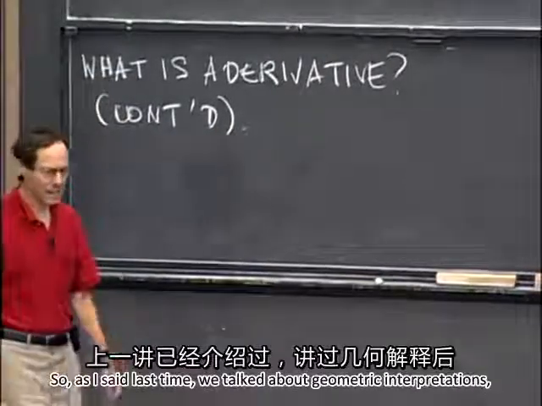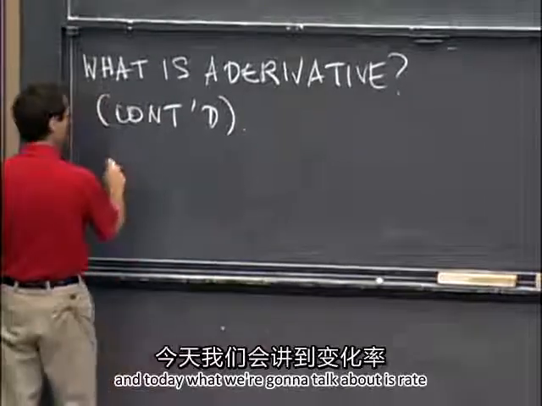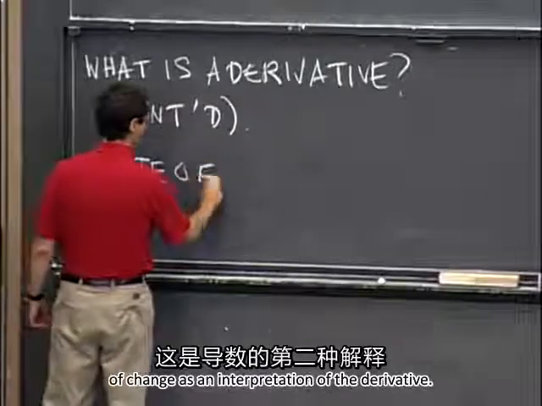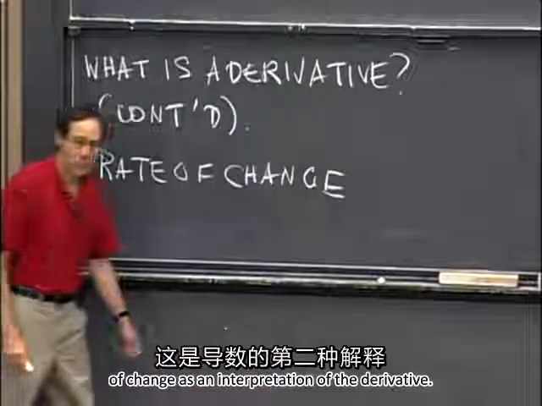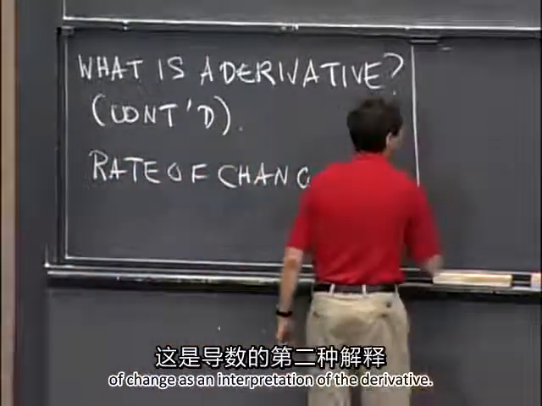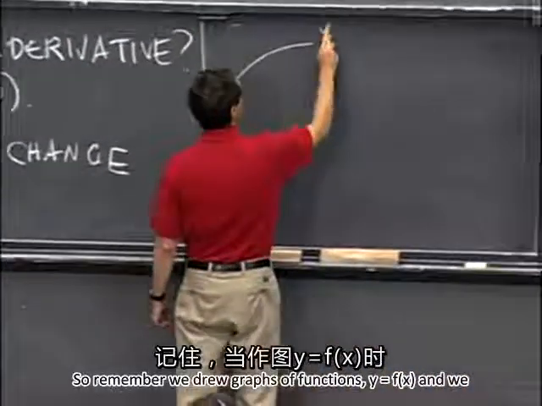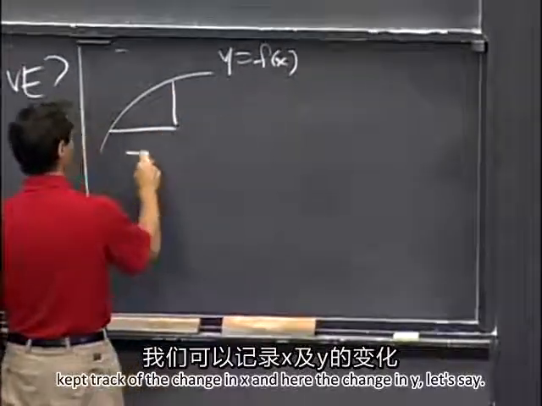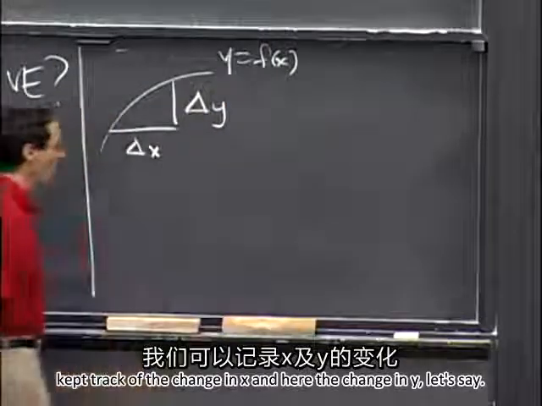So as I said last time, we talked about geometric interpretations. And today, what we're going to talk about is rate of change as an interpretation of the derivative. So remember, we drew graphs of functions, y equals f of x, and we kept track of the change in x, and here the change in y.